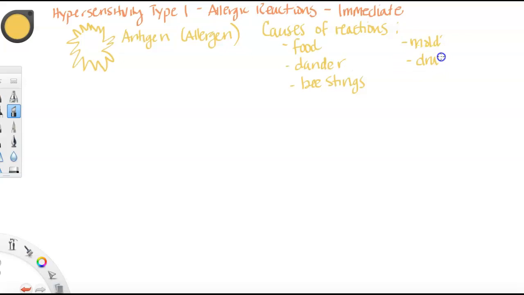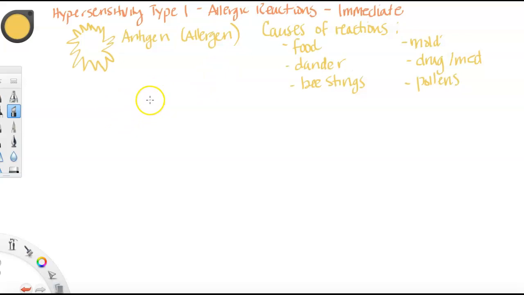You may be allergic to some kind of drug or medication that can cause an allergic reaction, pollens, flowers, things like that. Also, skin type things, latex. If you're allergic to some kind of lotion, some kind of soap, you can have an allergic reaction to any of those things.